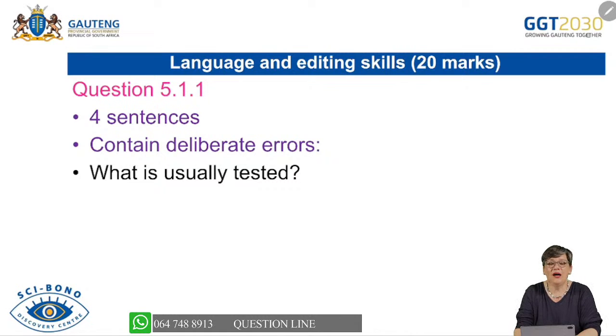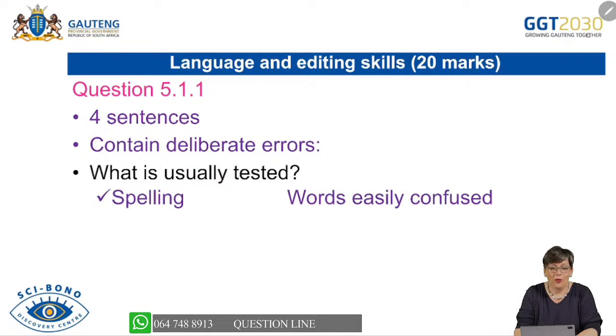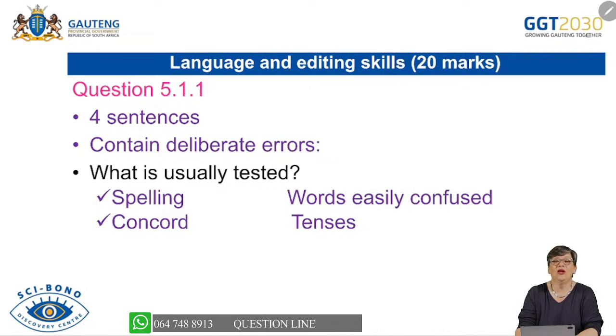You might find words that are easily confused, like there and their, and there are. We include errors with regard to concord and tenses. We might even include sentences that have an error with an apostrophe or a preposition. Now it's easy if you know what to look for.